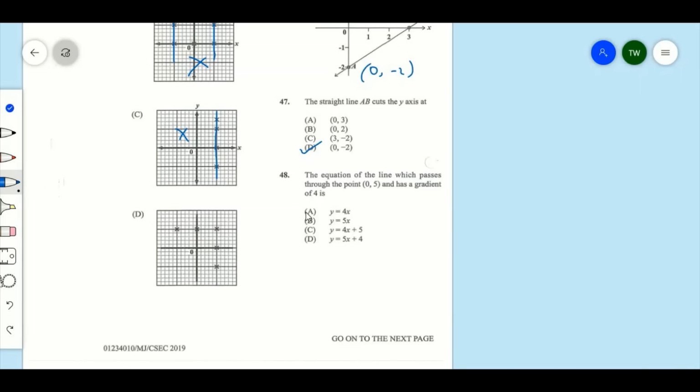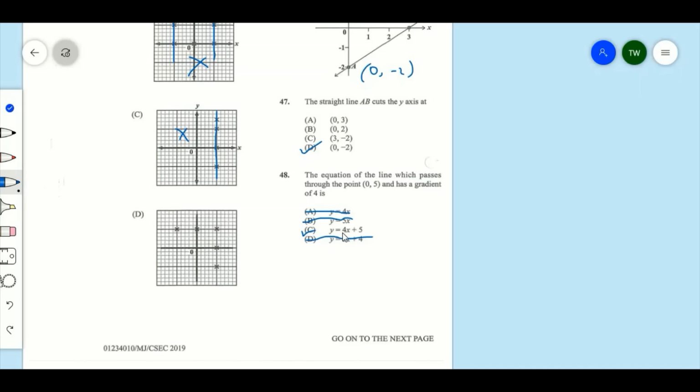Now, when you look at B, clearly B is not going to be the answer because the gradient of this line is 5. And in the question, they tell us that the gradient is 4. So we can just automatically eliminate B. And also you can just look at D and automatically eliminate D because the gradient of the equation at D is 5. So we're left with only one option, which is C. And clearly our answer is going to be C here.